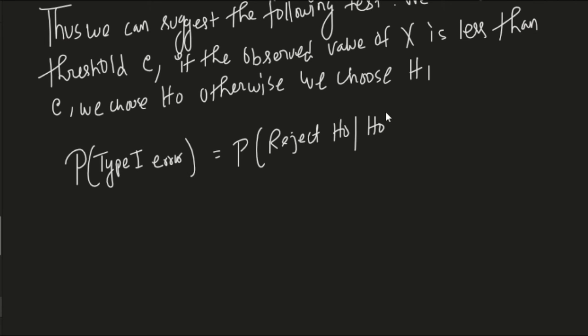Given that H naught is true, or given H naught, right? This means that when we reject H naught is when x is greater than c. And when H naught is true, it's basically under H naught, so x greater than c given H naught. When H naught is given, it means that x follows a normal distribution with mean 0 and variance 1 by 9, right?